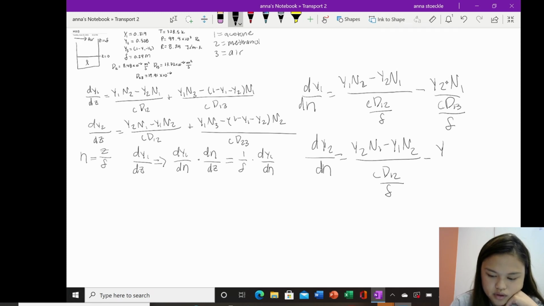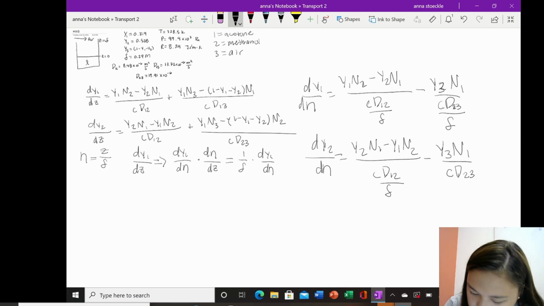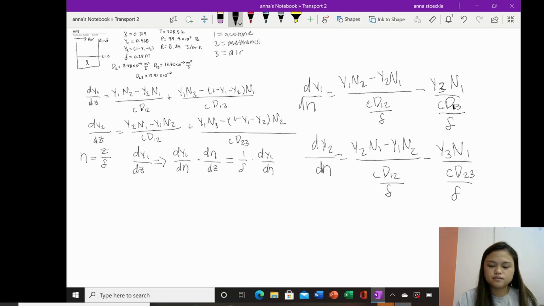This is supposed to be y3. And that's also supposed to be 2,3, I believe. No, that's a 1,3. That's 1,3. This one's 2,3. Then don't forget that delta.